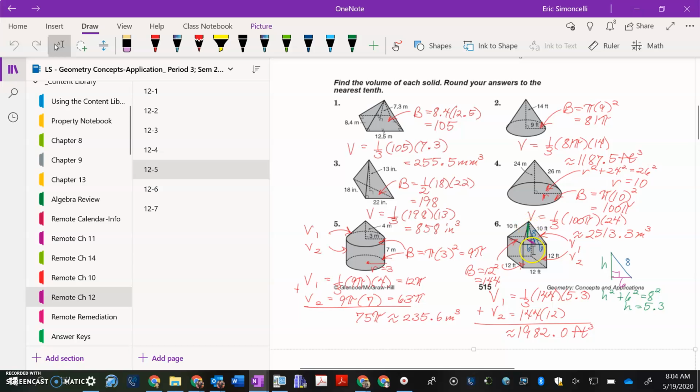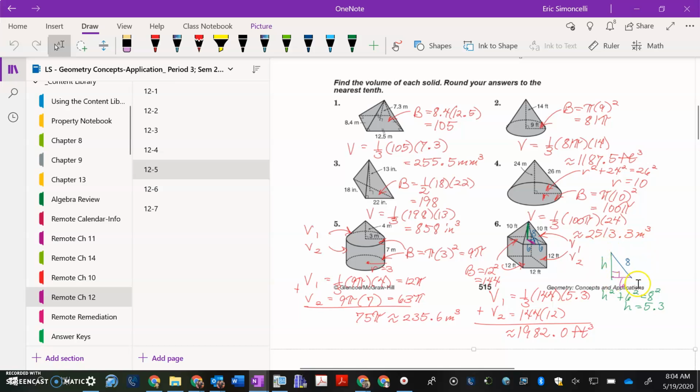Now this particular measure of 8, if you're curious as to how I was able to come up with that, it just so happens that this is 6 by 10, so you've got a 6, 8, 10 right triangle. I didn't depict that off to the side, but this right triangle here, which is half of this face on the pyramid, is a 6, 8, 10 right triangle. You can use the Pythagorean theorem to justify that as well. It's a multiple of a 3, 4, 5, just times 2.